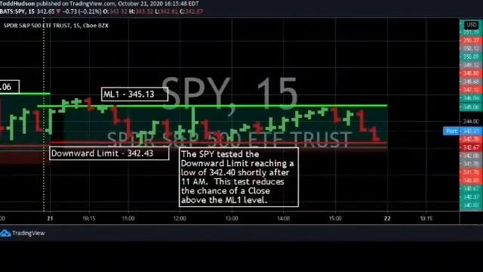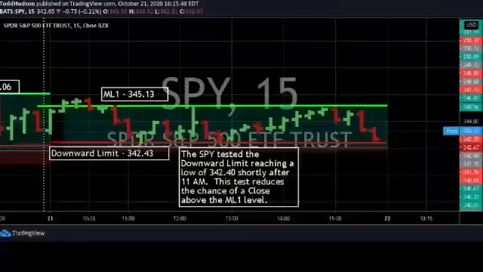The SPY, on the same day, reached the ML1 level up in the first 30 minutes of trading. Basically it came down, touched the downside limit, rallied back up to the ML1, and then closed below the open.